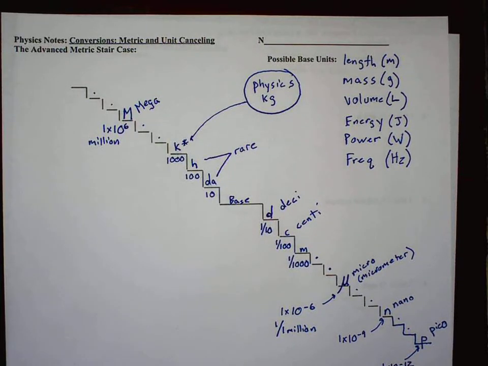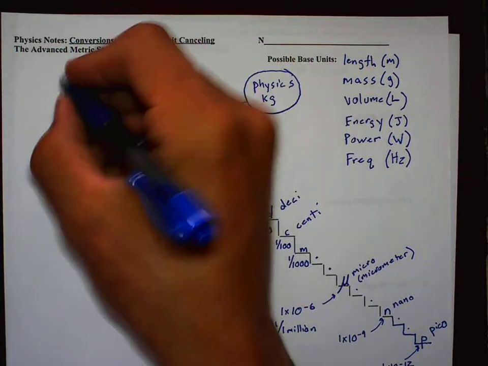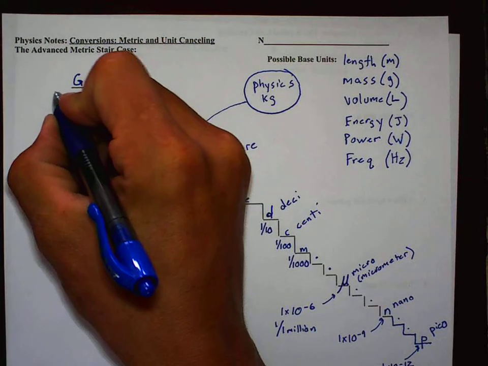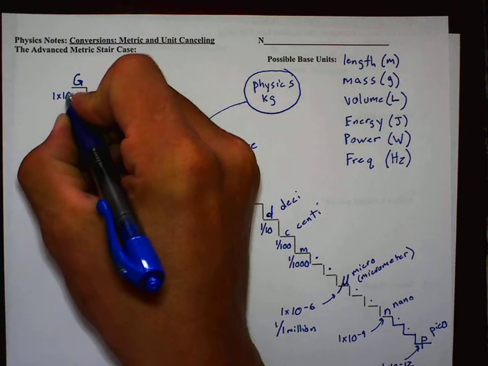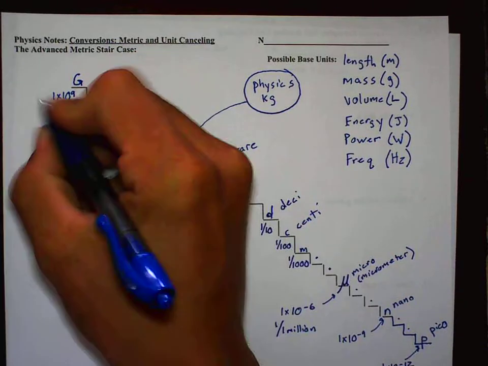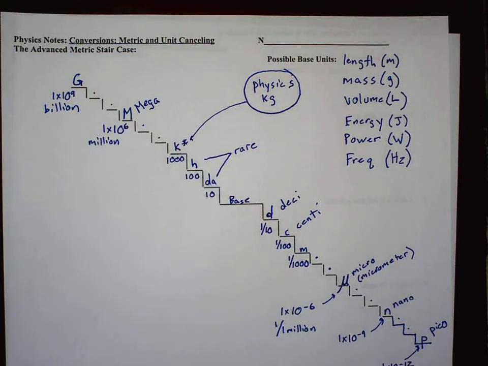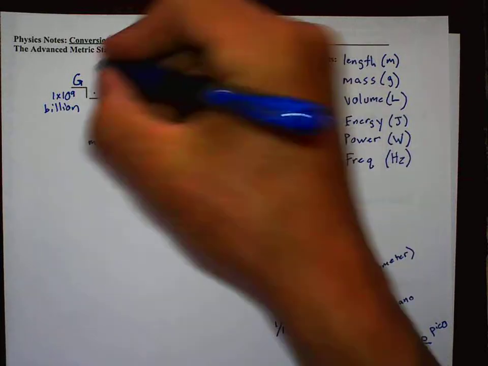Skip another 2 stairs. They're unnamed. Capital G means 1 times 10 to the 9th, or a billion. Capital G, what's that mean? You guys know this one. Giga.